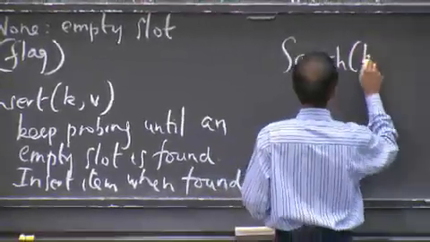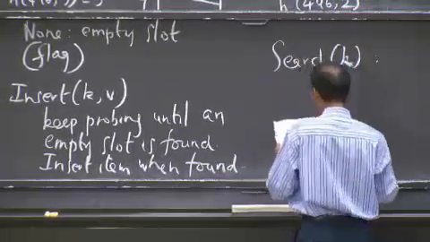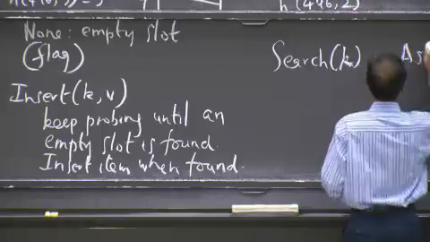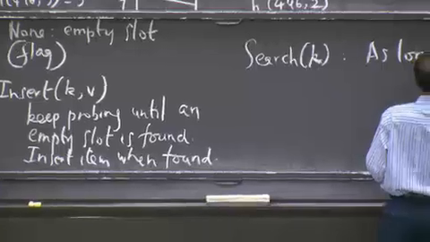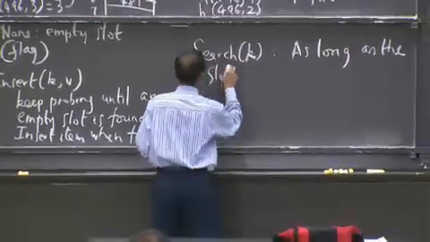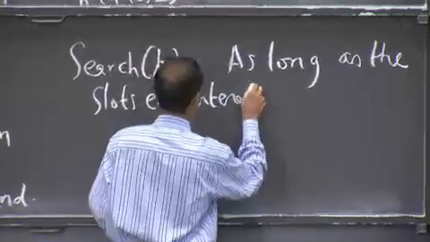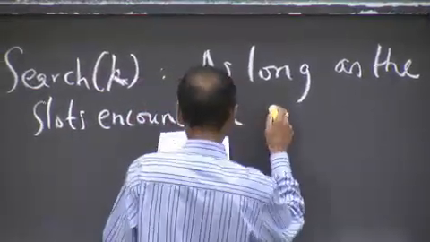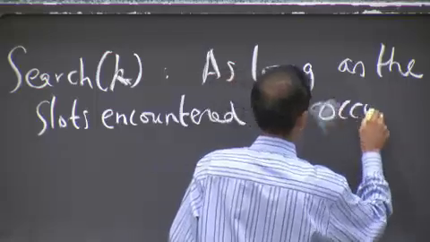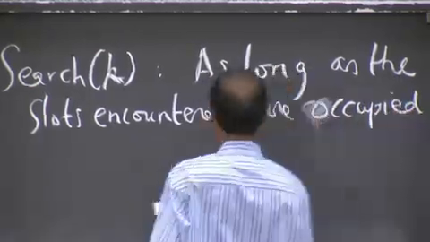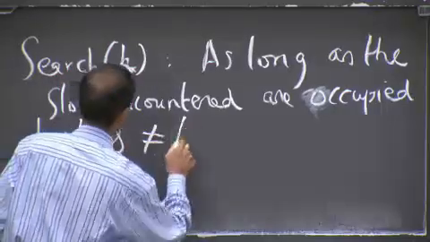You're searching for a key k, and you essentially say you're going to keep probing as long as the slots encountered are occupied by keys not equal to k.